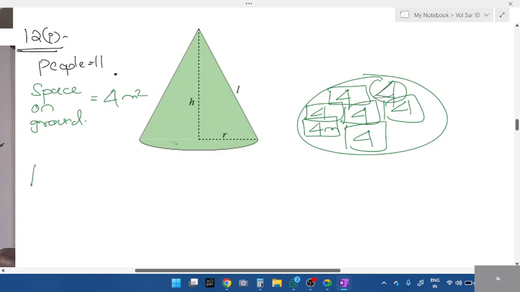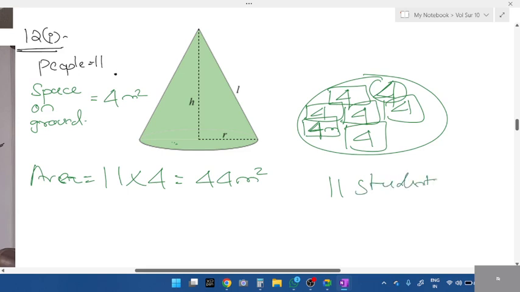So basically what is the area here? 11 into 4. What is 11 into 4? 44 meters square. 11 people, each takes 4. Or imagine there are 11 students, and each student has 4 rupees.